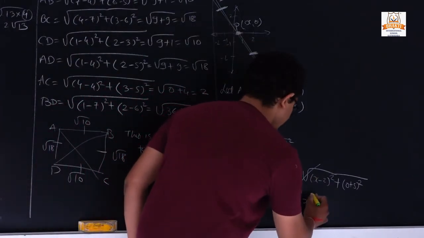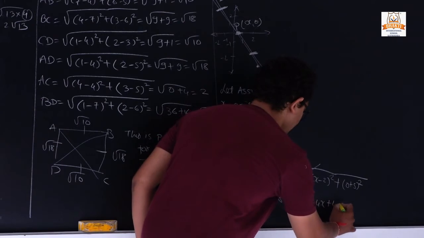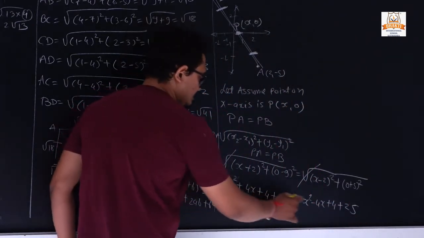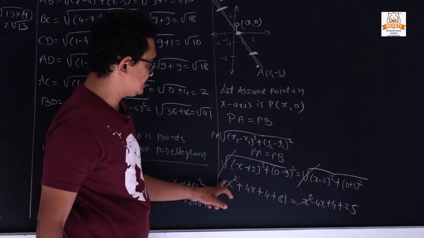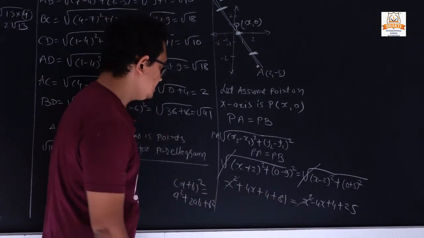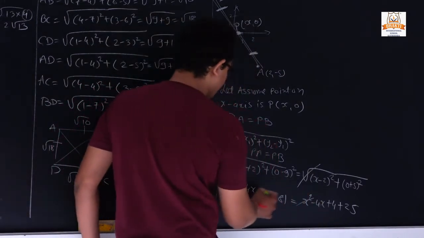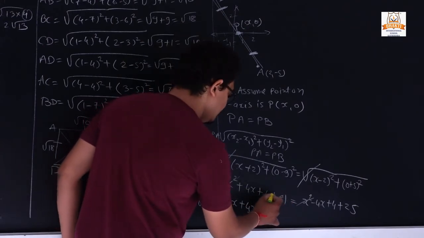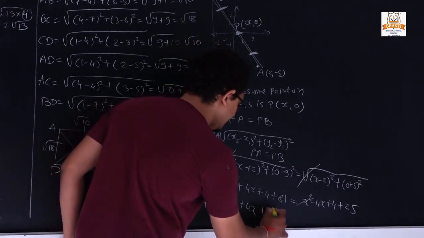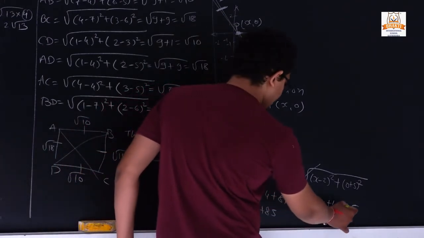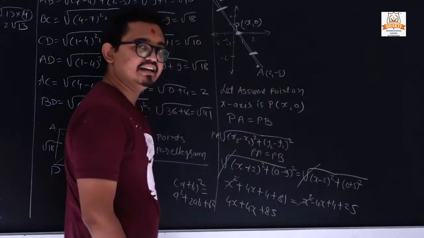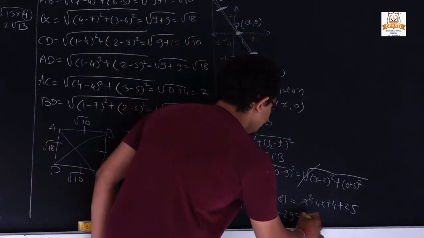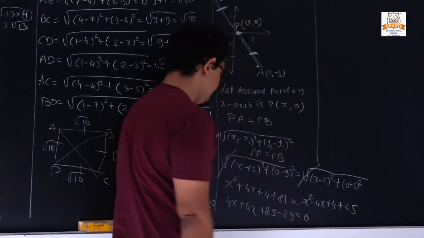Once again, x square minus 4x plus 4 plus 25. Now x square is cut from both sides because both have the same sign, plus plus. Now this minus 4x goes to the second side, so it becomes plus. 81 plus 4 is 85, and 25 plus 4 is 29, and this value goes to the second side, so it becomes minus, equal to 0.